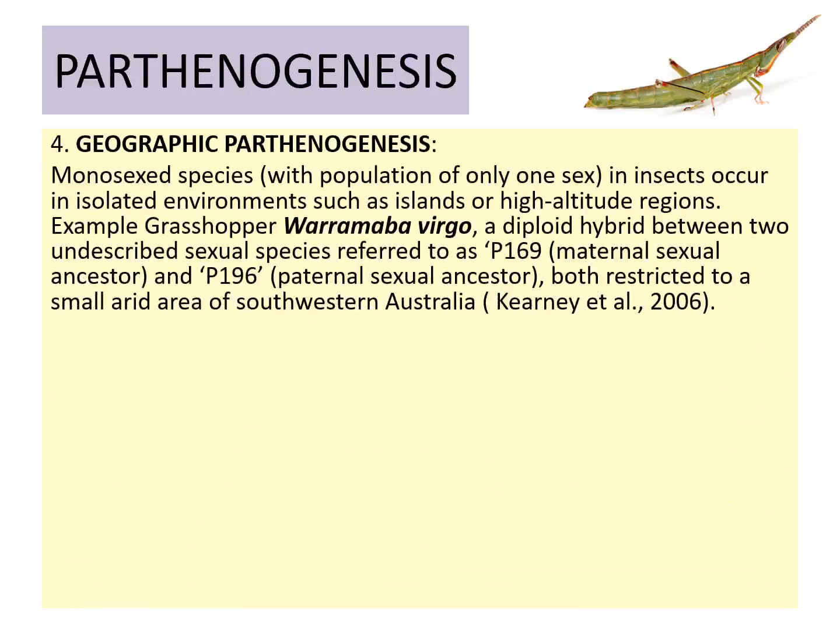Geographical parthenogenesis. Monosexed species with populations of only one sex in insects occur in isolated environments such as islands or high altitude regions.